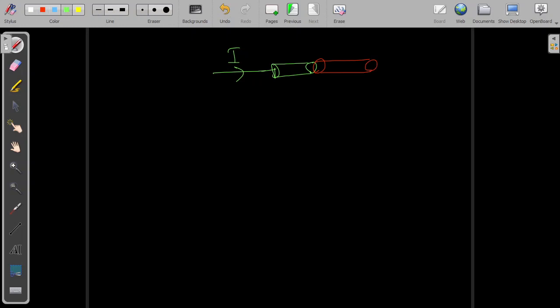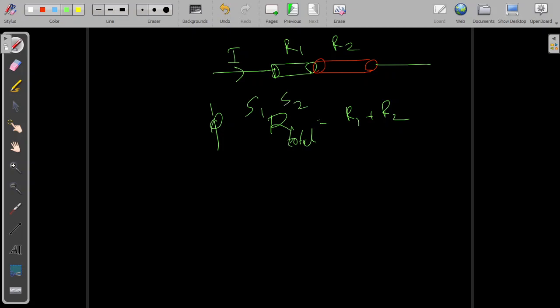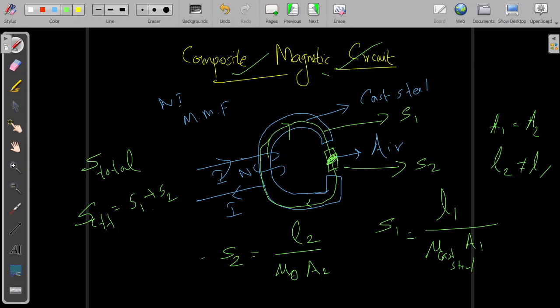One conductor may have a resistance R1 and the other a resistance R2, so the total or effective resistance R total will be equal to R1 plus R2. Similarly, in place of I we have phi, and in place of R1 and R2 we have S1 and S2. So S effective equals S1 plus S2.